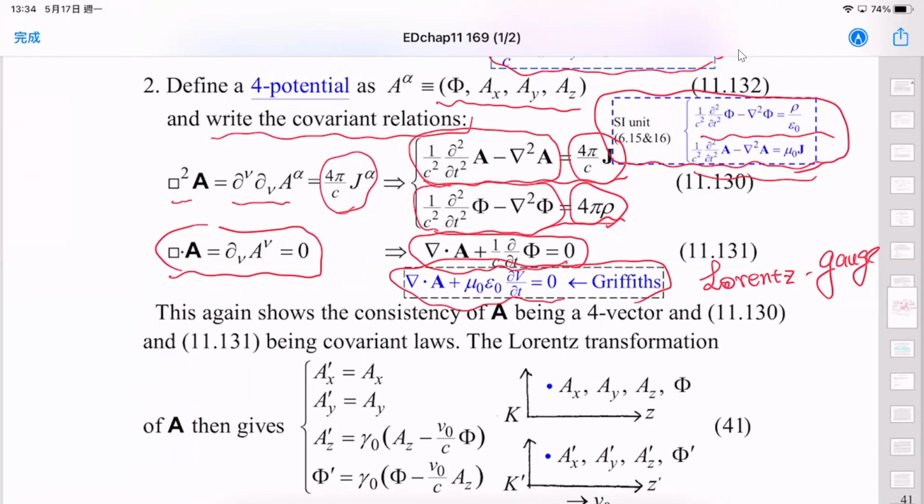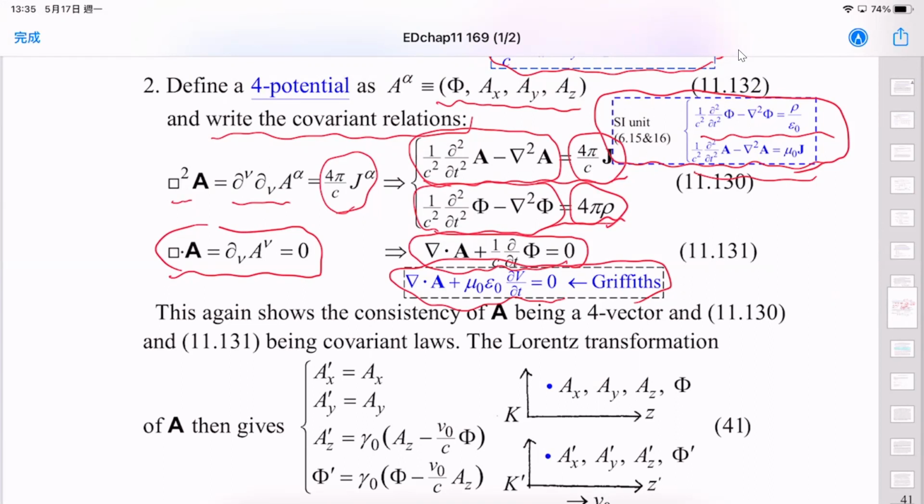And this is the wave equation. The wave equation together with the inhomogeneous wave equation satisfy the Lorentz gauge. Satisfy these relations. This again shows the consistency of A being a 4-vector.